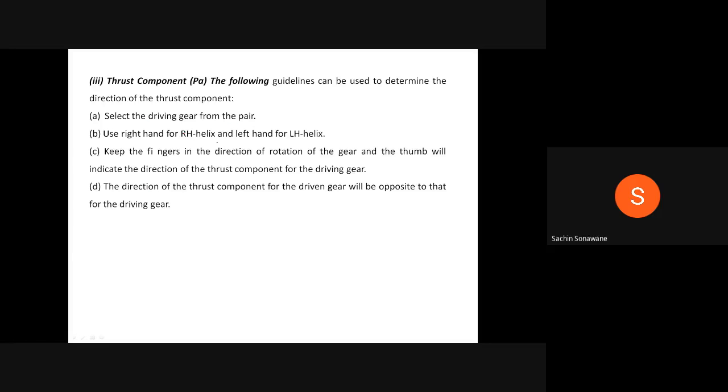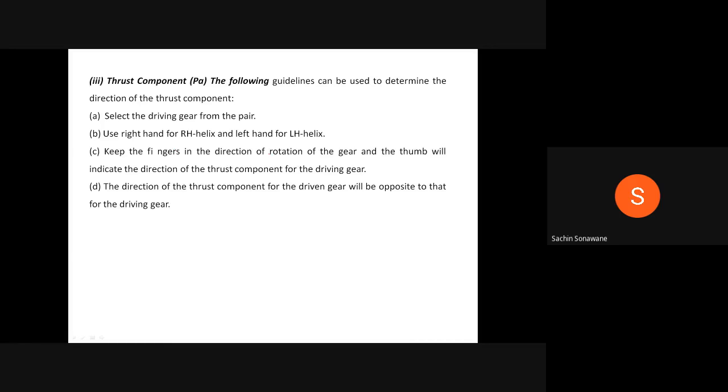Use right hand for RH helix and left hand for LH helix. Keep the fingers in the direction of rotation of the gear and the thumb will indicate the direction of the thrust component for the driving gear. The direction of the thrust component for the driven gear will be opposite to that for the driving gear.